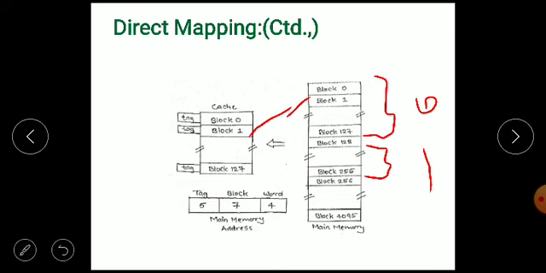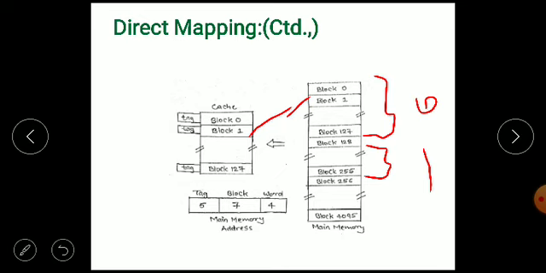The second block of every page should be stored in the second block of cache memory, that is block 1. I'm repeating that the second block of every page from the main memory should be mapped into block 1 of the cache memory.